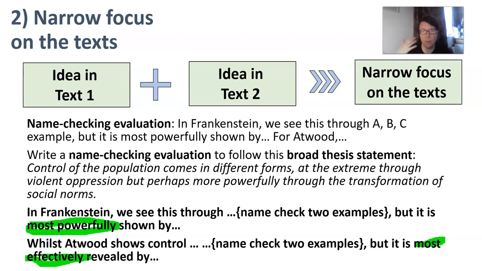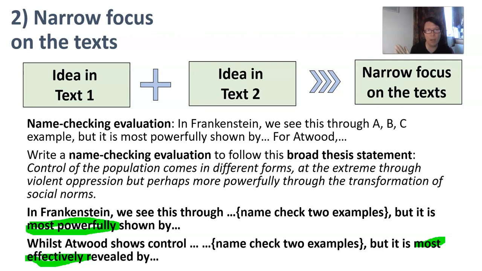So in Frankenstein, we see this through, and then you come up with your 2 examples and you just list them like I did. Death of Caroline, Victor's mother, the confession of Justine for a crime she didn't commit, but it is most powerfully shown through the sacrifice of Elizabeth, or the commitment Elizabeth has to Victor.